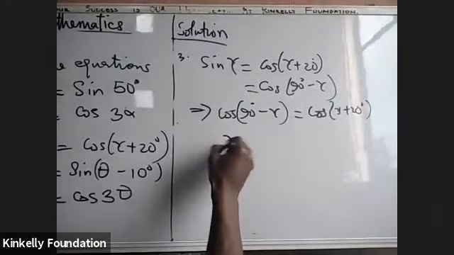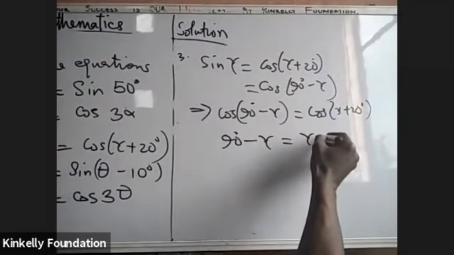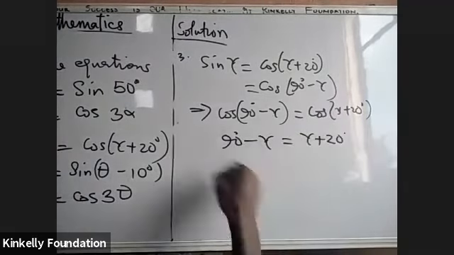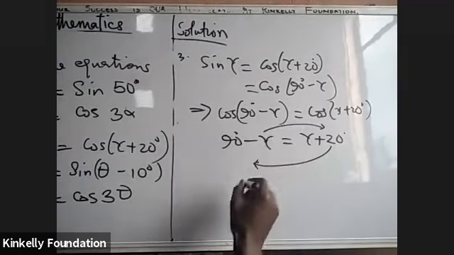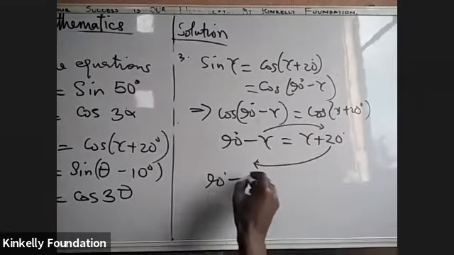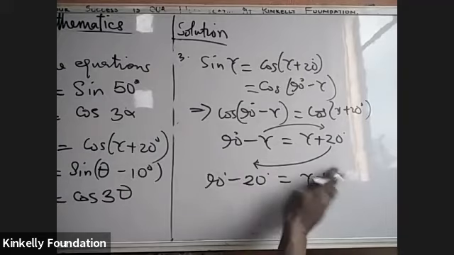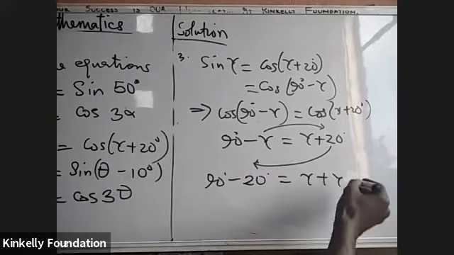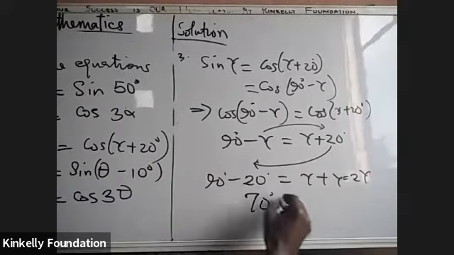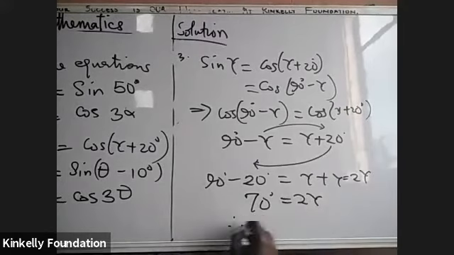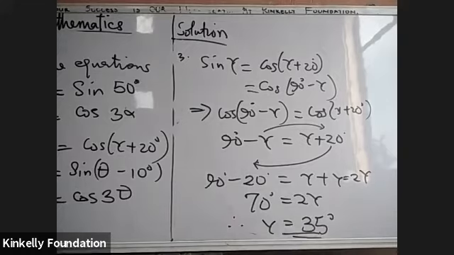So we now have 90 minus gamma is equal to gamma plus 20. This one comes here, this one goes to this side. We have 90 degrees minus 20 degrees equal to gamma plus gamma, which gives us 2 gamma. So 70 degrees is equal to 2 gamma. Therefore, gamma will now be 35 degrees.